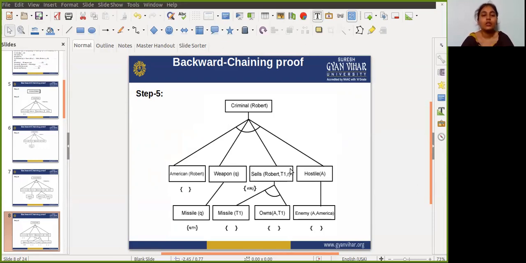Forward chaining is called a data-driven inference technique, whereas backward chaining is called a goal-driven inference technique, right? Forward chaining is known as a bottom-up approach, whereas backward chaining is known as a top-down approach, right? Forward chaining uses breadth-first search strategy, whereas backward chaining uses depth-first strategy.